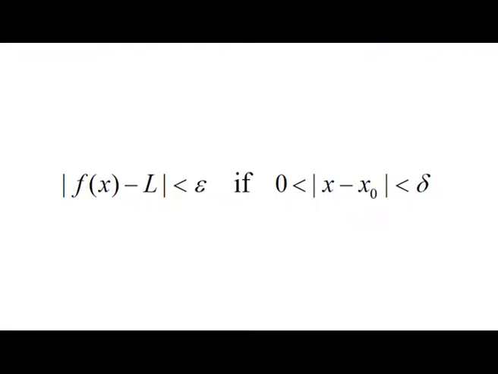To find delta greater than 0, we now describe an algorithm. Let epsilon greater than 0 be given. The process of finding a delta greater than 0 such that |f(x) minus L| is less than epsilon if 0 is less than |x minus x naught|, which is less than delta, can be accomplished in 2 steps.